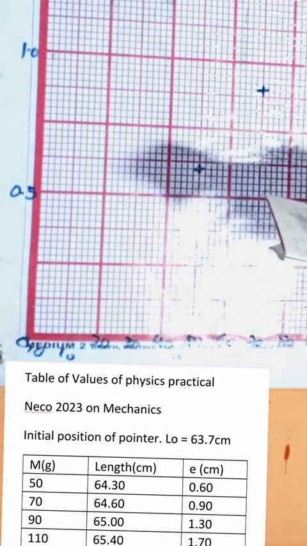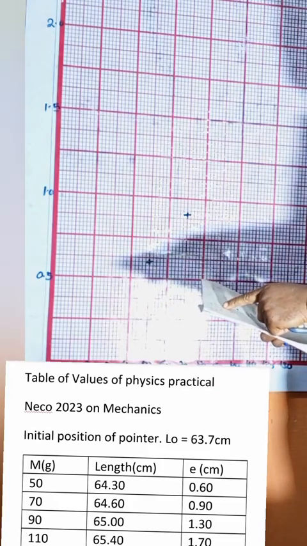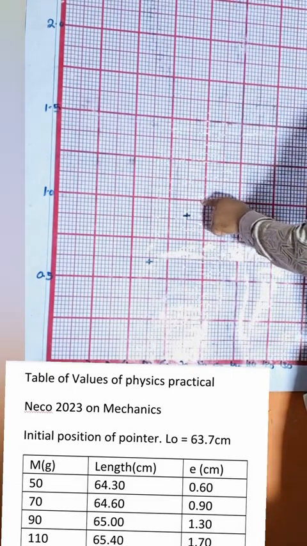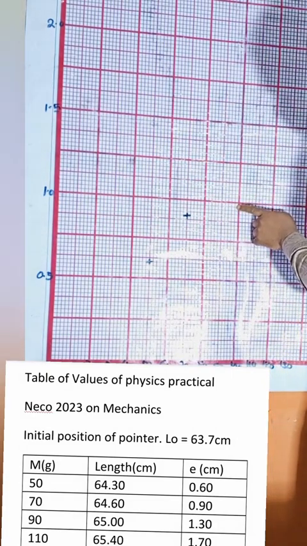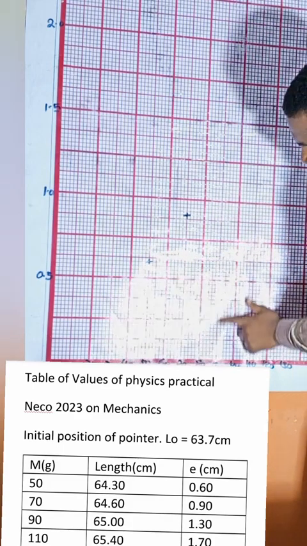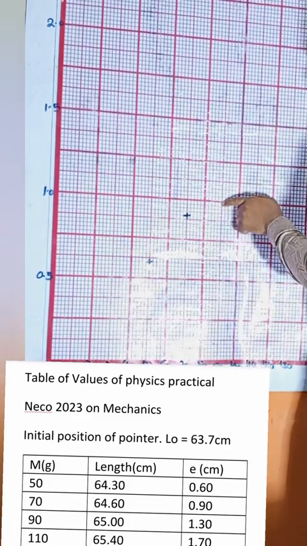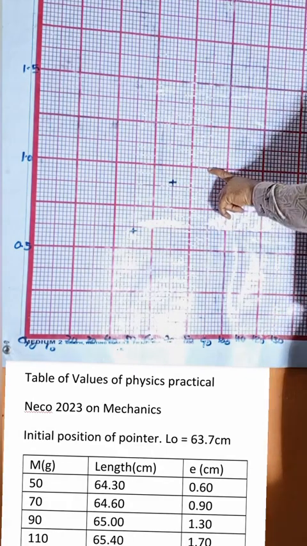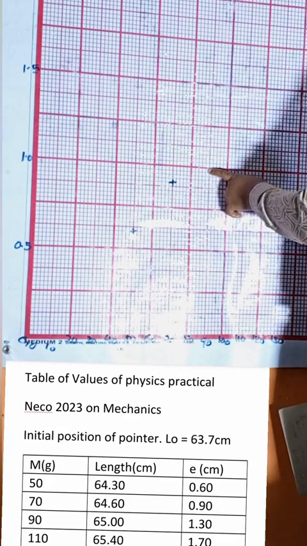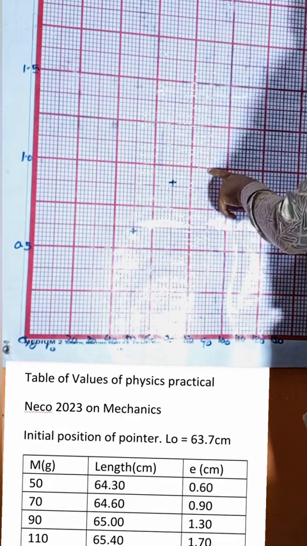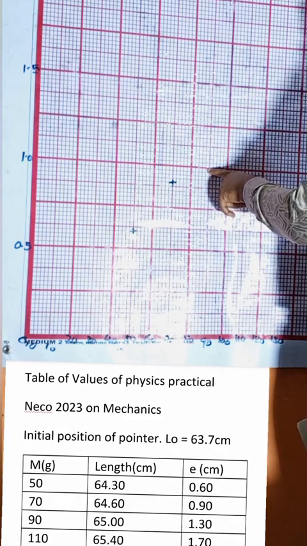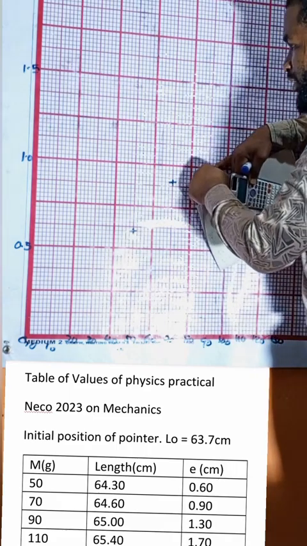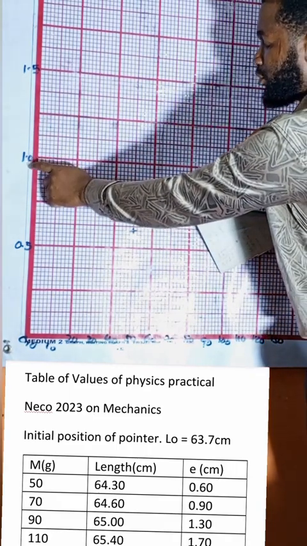Okay? The next thing is 1.3. This is 1. And this 1.3 is under 90. So this is 90. Look at 90 here. Now, what will I add to 1 to have 1.3? I need 0.3. Remember, one line on the vertical axis means 0.025. So I will say 0.3, which I need to add to 1 to get 1.3.